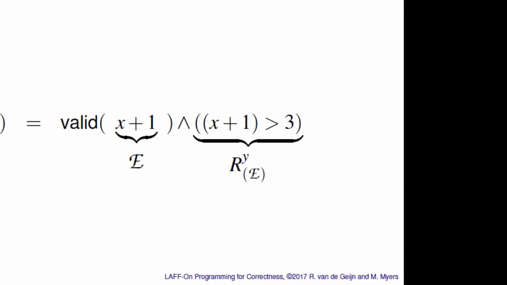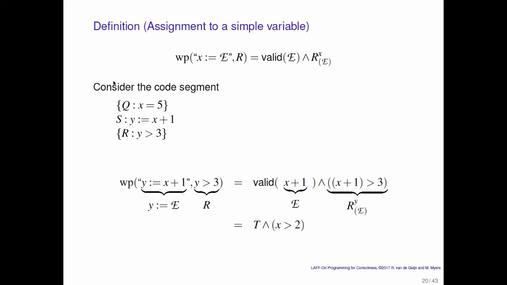And notice that the expression e is x plus 1. If you then go and simplify this, you notice that x plus 1 is a valid expression, so that becomes true. And x plus 1 greater than 3 is the same as x is greater than 2. Then you can do an and simplification, and you find out that the weakest precondition is x is greater than 2.